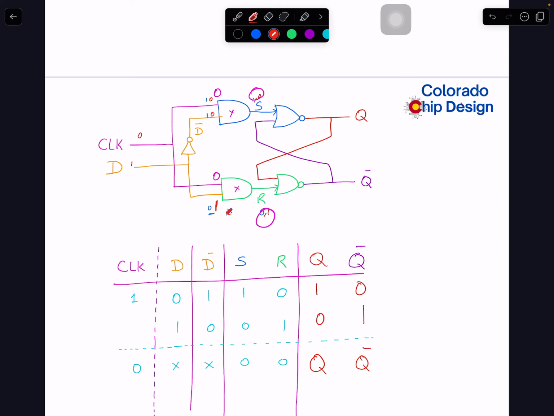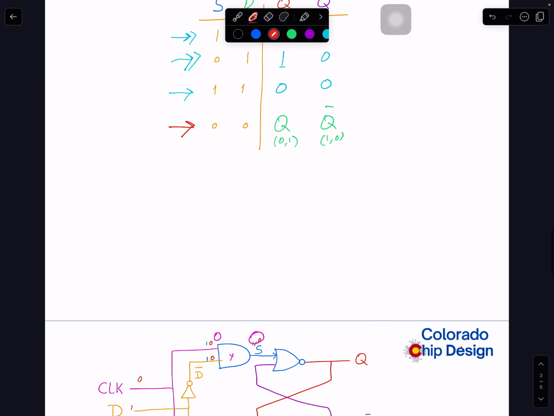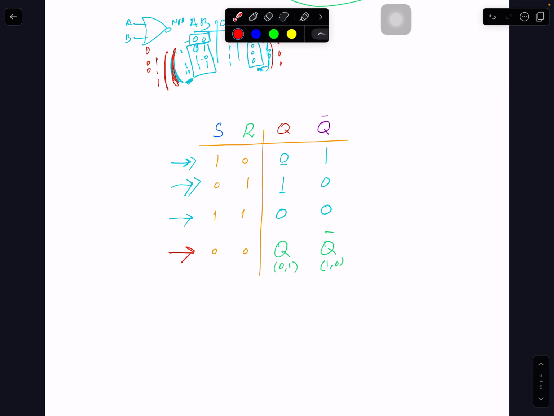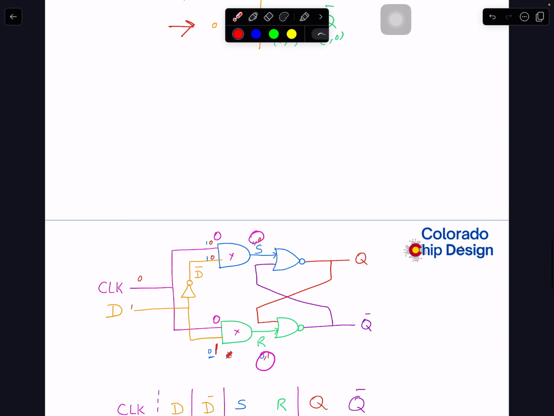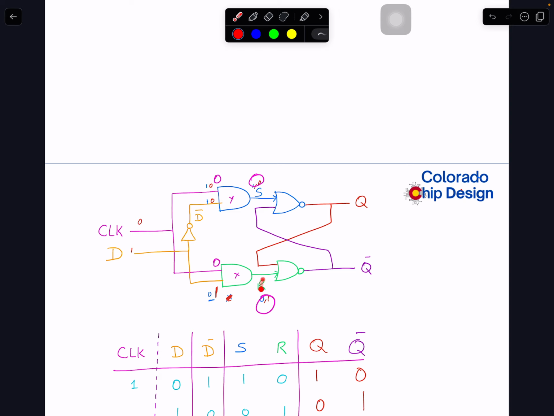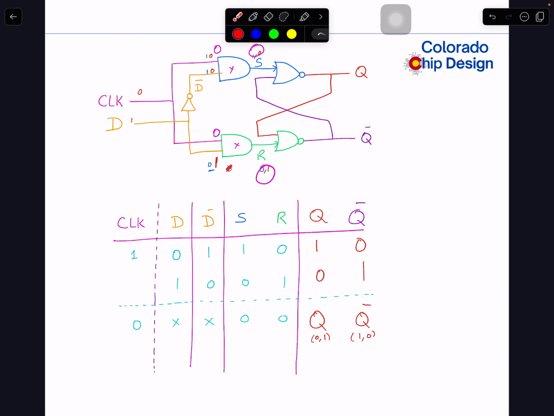Whatever it is, if it was 0, it will stay at 0, if 1, it stays at 1, and the other output is opposite to it. So we have overcome the problem that I was mentioning here. We don't have this 1, 1. So this intermediate state doesn't actually lead to 1, 1. So we have 1, 0: set. 0, 1: reset. Then we have 0, 0: previous state.